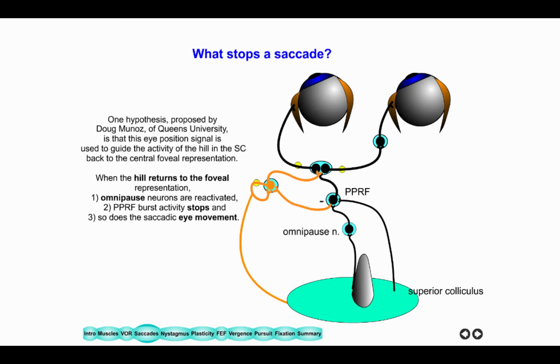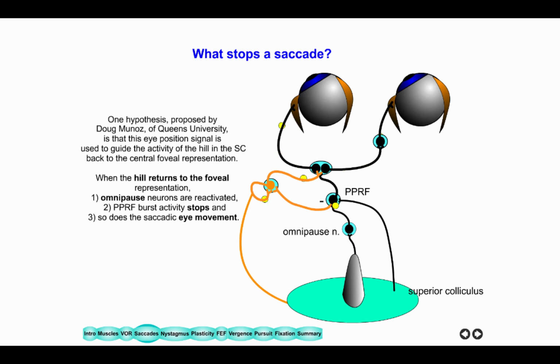That position then moves the hill, and when the hill reaches the omnipause, the center here, the fovea, in other words, a good estimate that the eye should have reached the fovea, it stops the PPRF, activates omnipause neurons, that inhibits the PPRF, and the saccade stops.